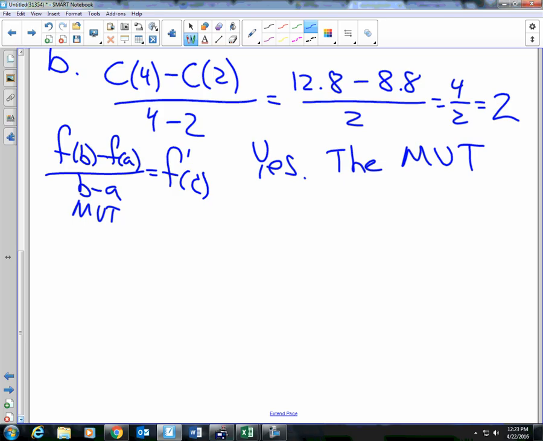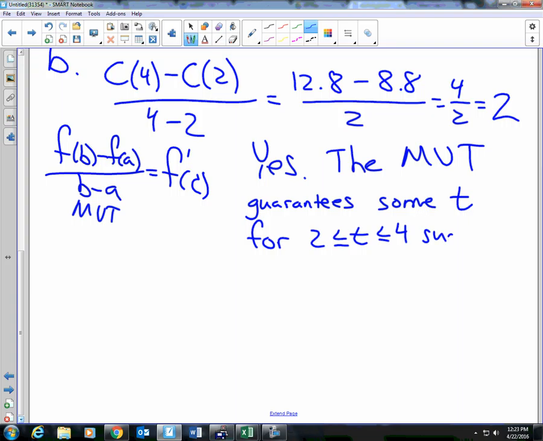This tells us that there has to be a slope at some point. So the mean value theorem guarantees some t value for 2 less than or equal to t less than or equal to 4, such that c prime of t is equal to 2.